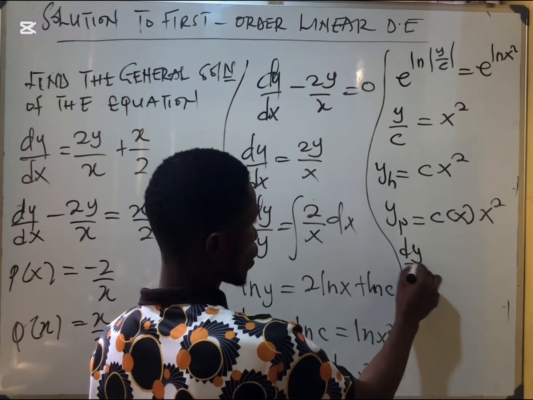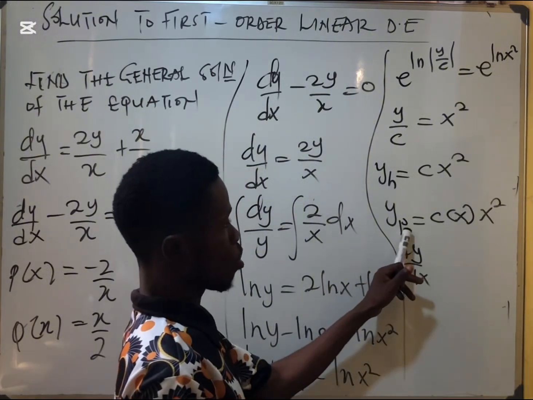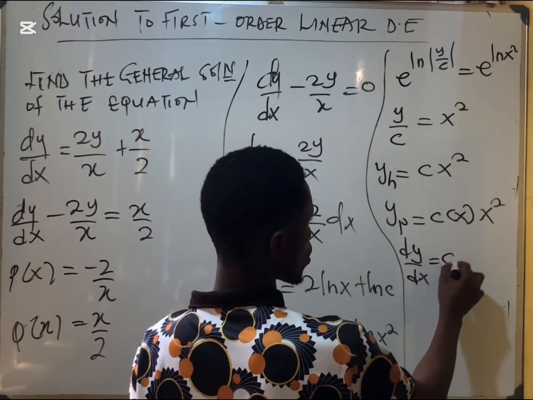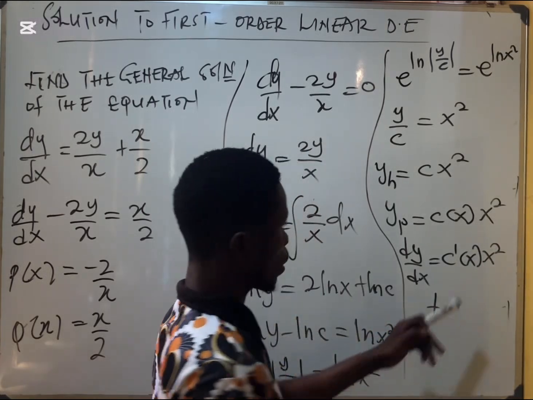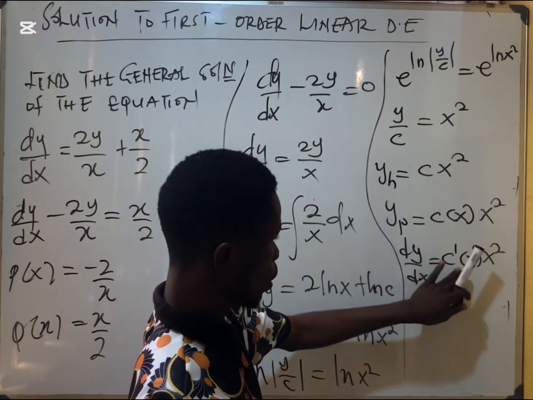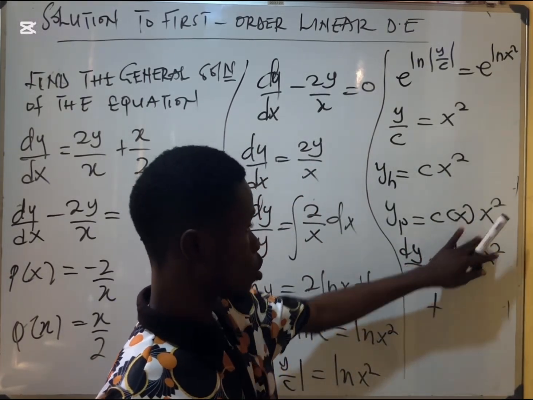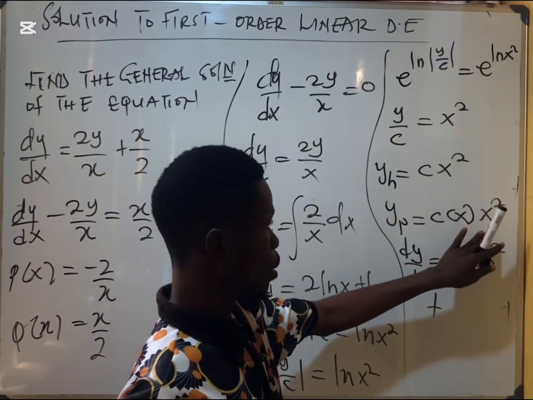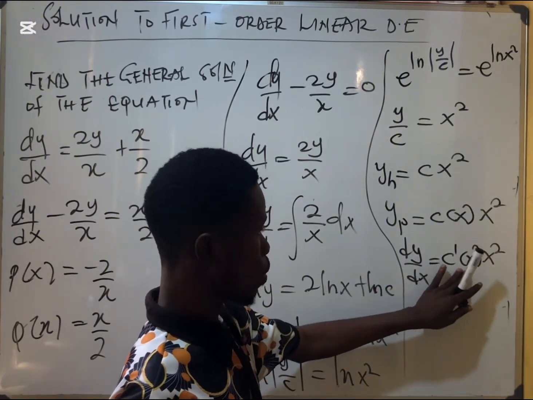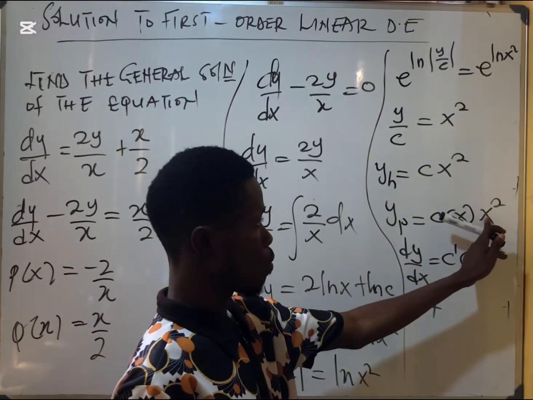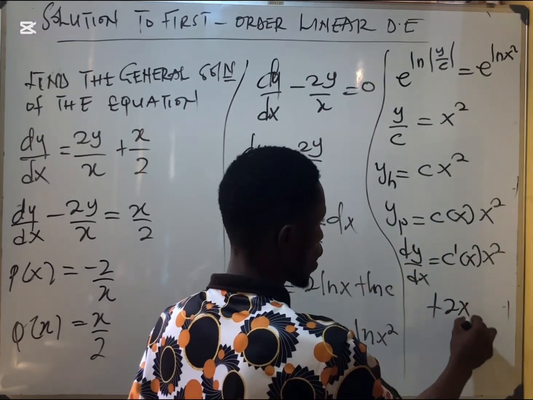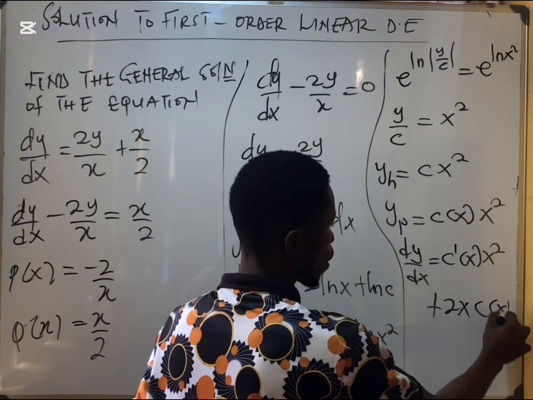That will be dy/dx equals c prime of x times x squared plus, because it's a product, I hold this and hold this. When I differentiate, I get c prime of x times x squared. This time I hold this and differentiate, that will give me 2x, so 2x times c of x.